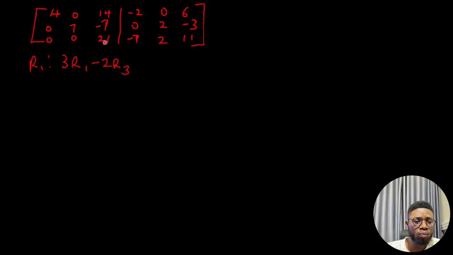As you can see, 21 is a multiple of 7. If I just multiply this negative 7 by 3, then I can easily get 21 and cancel out. So the row operation we're going to be doing for row 2 is: row 2 becomes 3 multiplied by row 2 plus row 3. And with this, we get what we need. So let's quickly get into that.